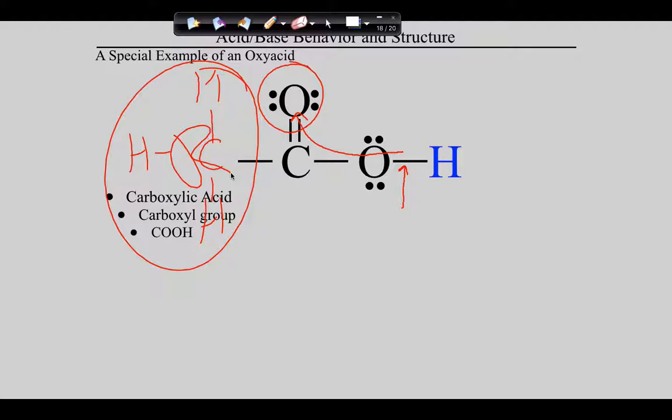Guys, every single organic molecule that exists that is acidic contains this group. And the whole reason those things are acidic is because of the drift that is created by that oxygen on the other side of the carbon. So this is a wildly important thing to understand because it explains why every single organic substance that is acidic is acidic. So it's important to keep track of.